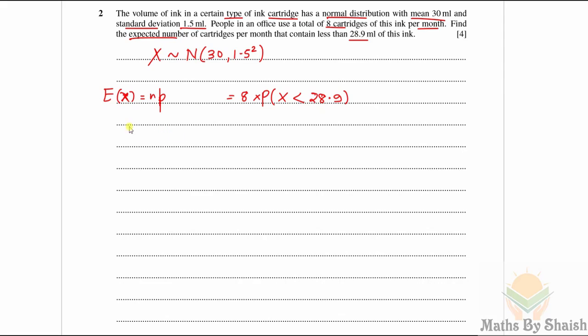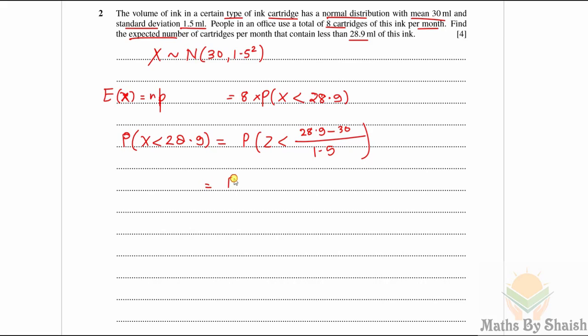So let's first calculate the probability of X less than 28.9. In the standardized form, it is the probability of Z less than (28.9 minus mu, that is 30) over sigma, that is 1.5.